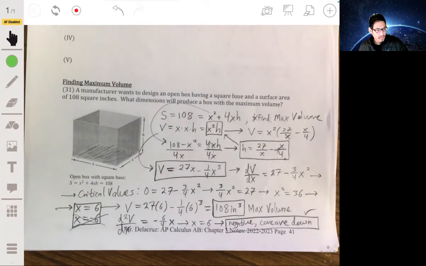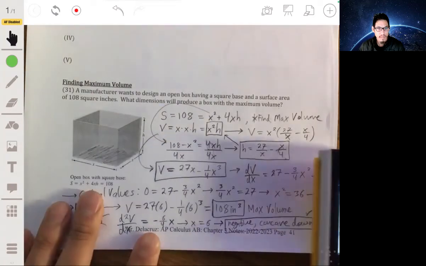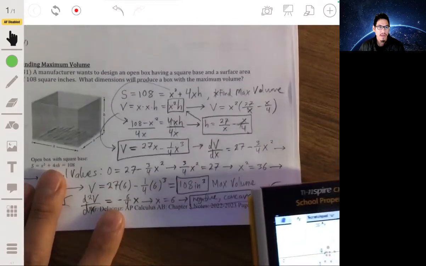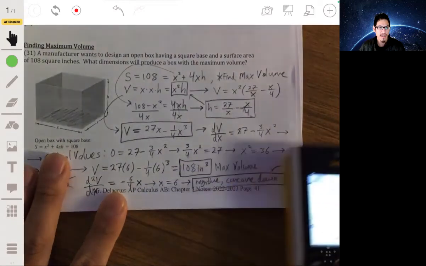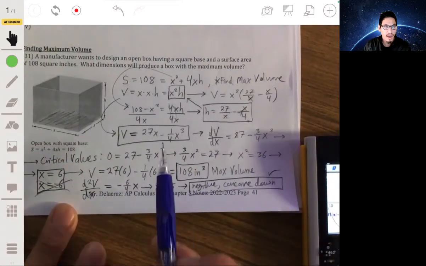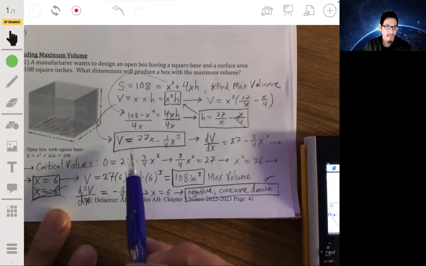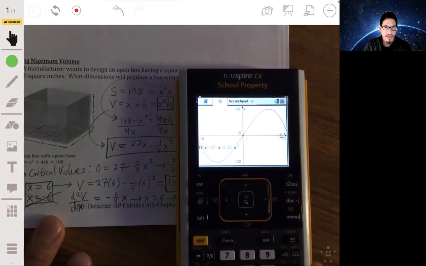Now, to give you some more insight, just to make sure we understand what this is actually doing, let's look at an actual graph of this problem. Remember, we're trying to figure out what's going on with the volume. So here's an equation of the volume.